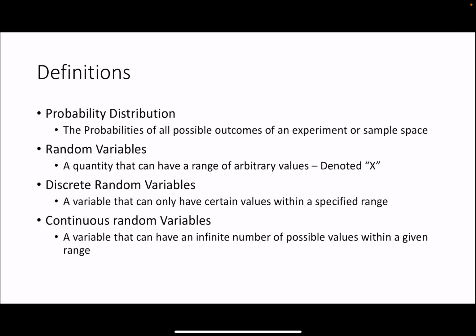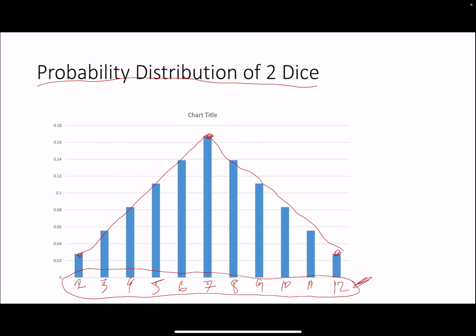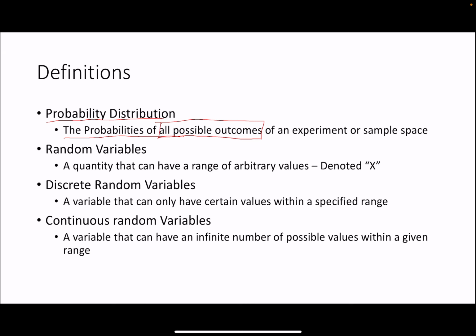And let's get into this definition. Probability distribution: the probabilities of all possible outcomes. If we look here, it was from 2 to 12, all possible outcomes of my experiment of rolling two dice, or the sample space. What's a random variable?